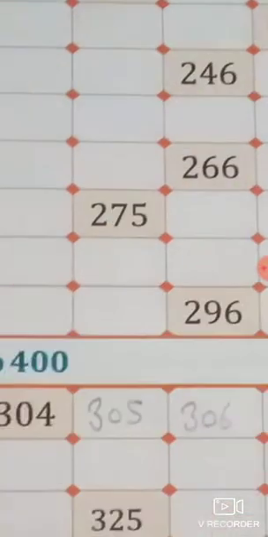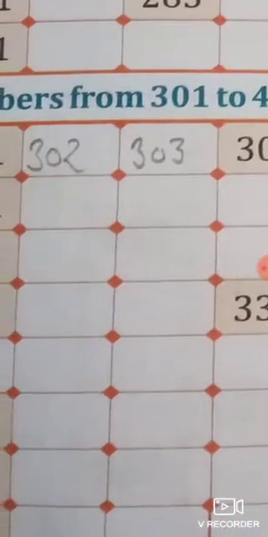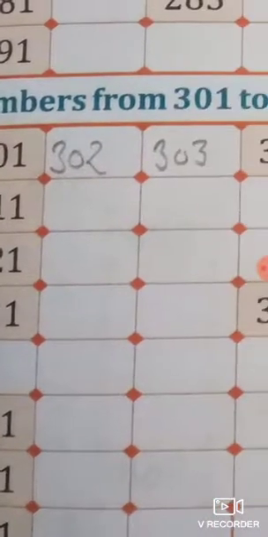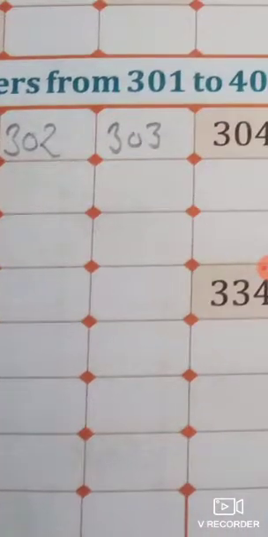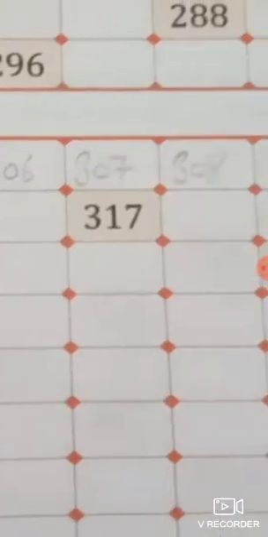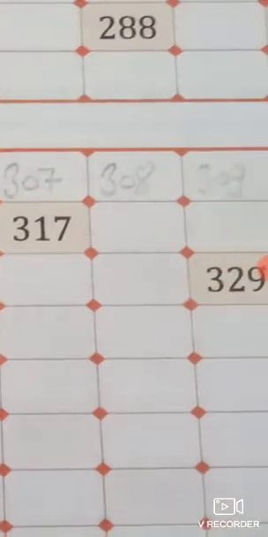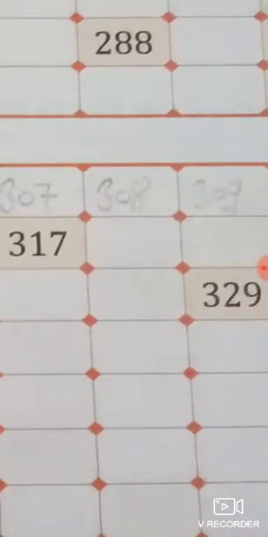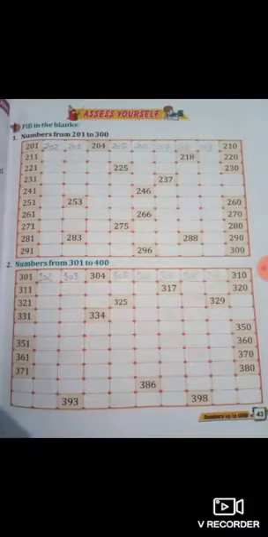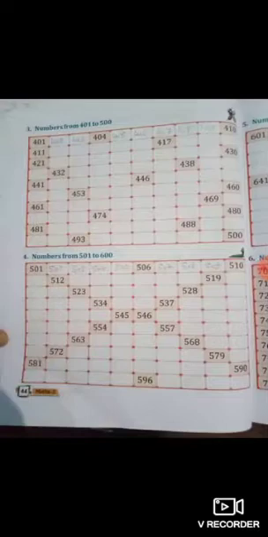Now we move on to the second question, numbers from 301 to 400. 301, 302, 303, 304, 305, 306, 307, 308, 309, 310 and so on. You can fill it very easily, so you will fill it yourself. Now we move on to the next question.